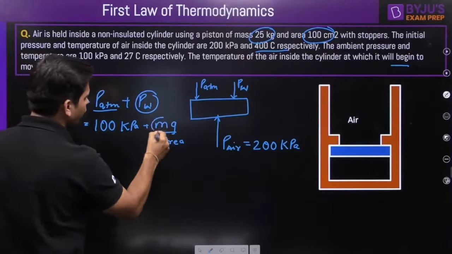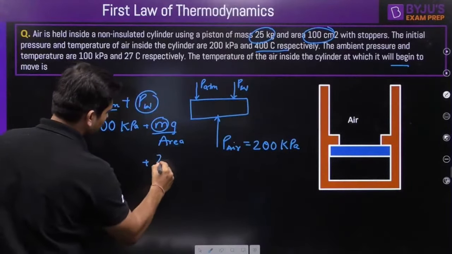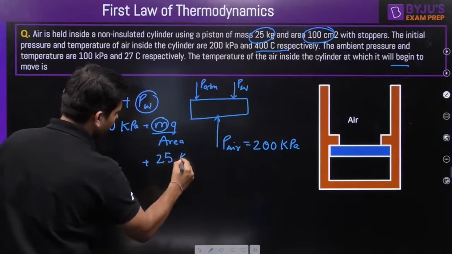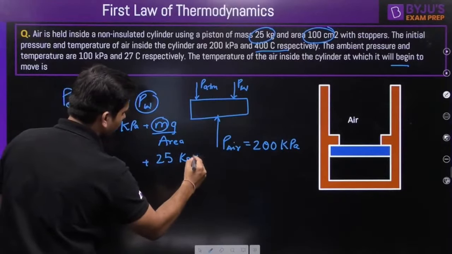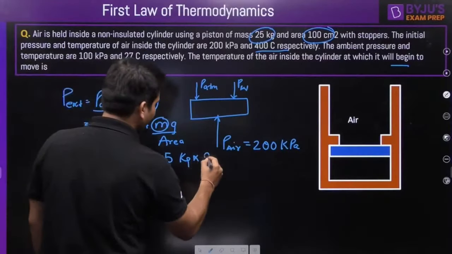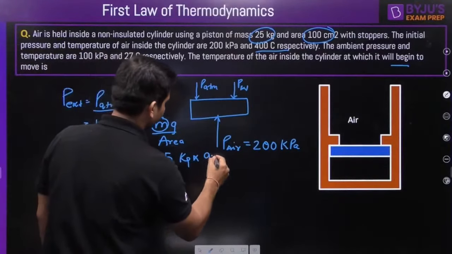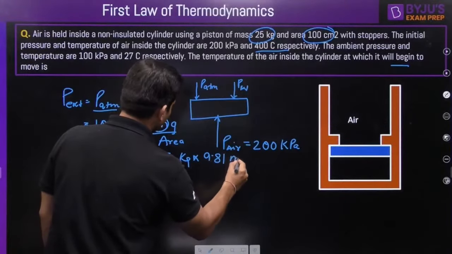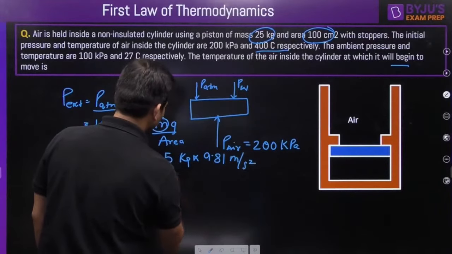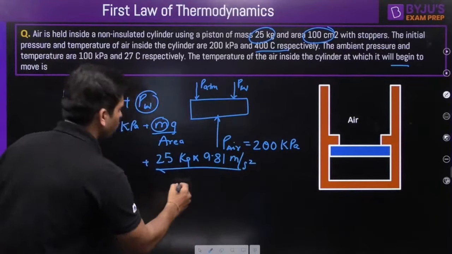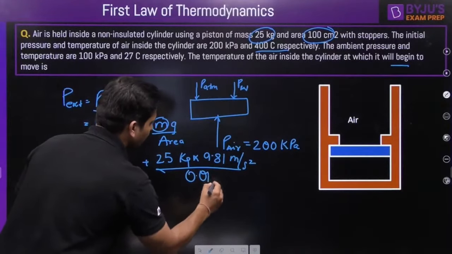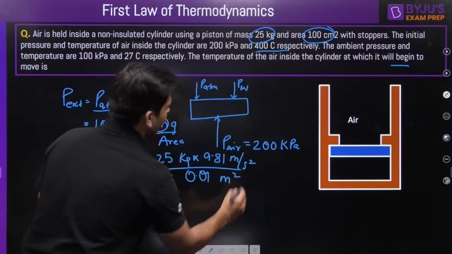Mass is 25, so this is 25 kg into 9.81 meter per second square, and area is 0.01 meter square.